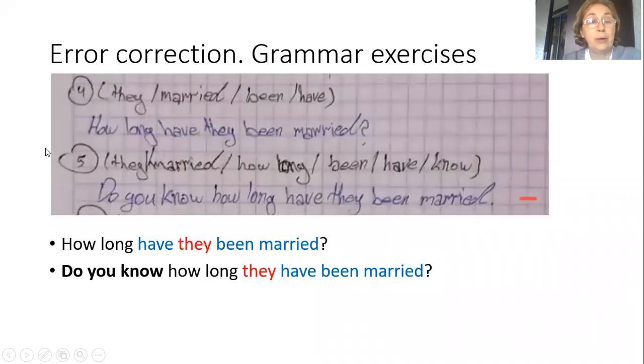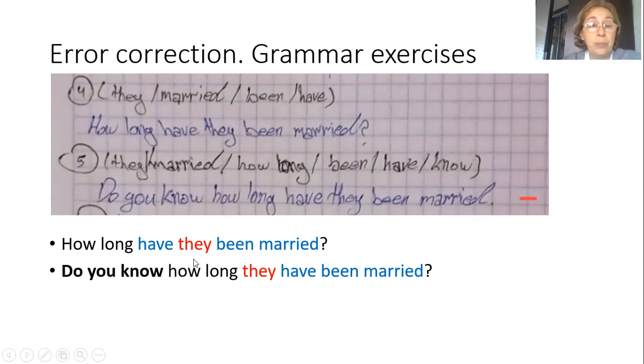And there were a lot of mistakes with these two sentences, number 4 and number 5, because both of them are about one and the same thing. But the types of questions are different. The first sentence, number 4, is a direct question. That is why it should follow the pattern: question phrase, then the auxiliary verb, then the subject, and the rest of the verb.